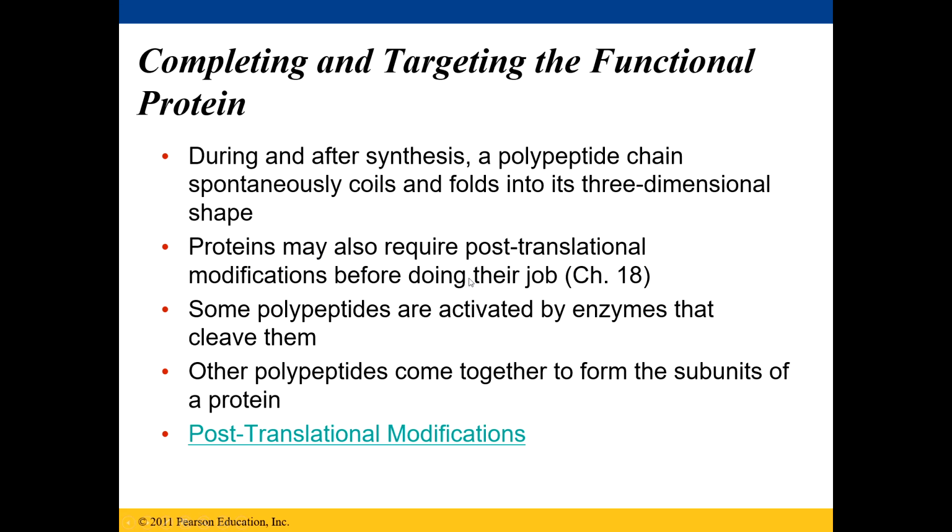So that polypeptide chain, once it's finished, will spontaneously coil and fold into a three-dimensional shape. Because remember, proteins are all about shape, right? We've talked about the primary, secondary, tertiary, and all of that. And sometimes they need some other modifications. Some polypeptides are activated by enzymes that cleave them. Remember, that means that they might need to be split, or others come together to form subunits. So here's a little bit about that.